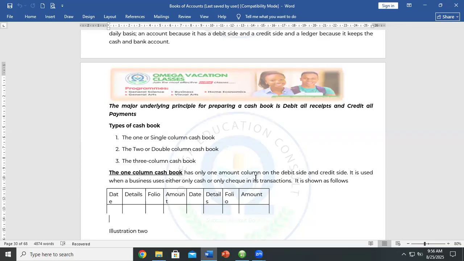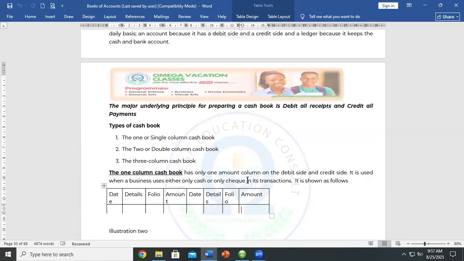Cash transactions sometimes are not too conducive for tracking and auditing purposes, right? But for the choice, it depends on the business and what they want to do. So let's move on. The single column cash book is prepared when the business is only doing business with cash or only doing business with check.